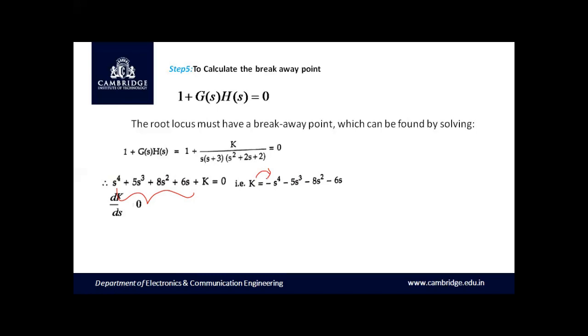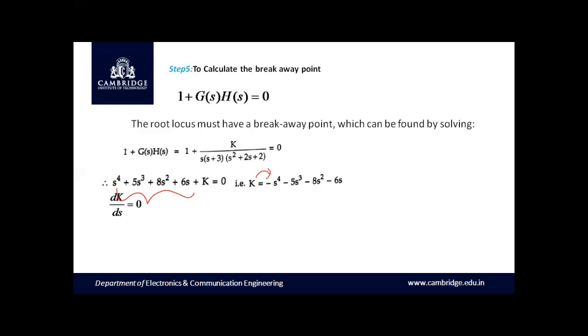Now we have to differentiate K with respect to s and equate it to 0, and we have to look into the highest power of s. Based upon the highest power of s, we get the roots of that particular equation and we have to check for validity of the breakaway point.